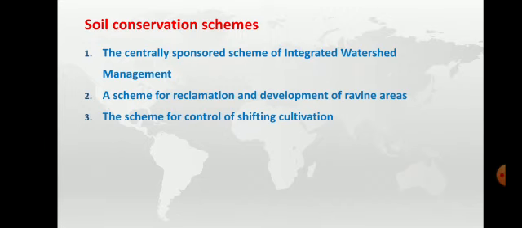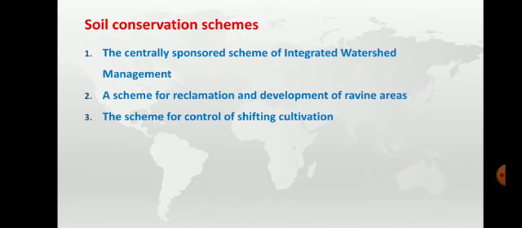This scheme has been implemented since 1994-95 in the states of Arunachal Pradesh, Assam, Manipur, Meghalaya, Mizoram, Nagaland, Tripura, etc. The families who were practising shifting cultivation were asked to practise terrace cultivation and raise horticulture, plantation and afforestation to support animal husbandry and to meet fuel and fodder requirements.